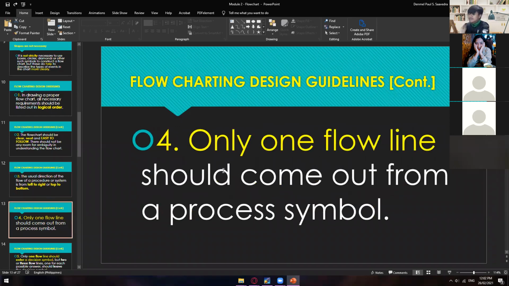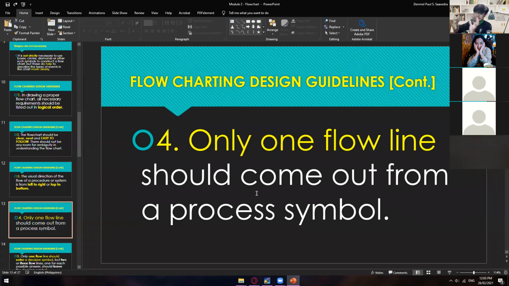And here are some limitations. Only one flow line should come out from a process symbol. So you don't want to have two lines or three lines coming out from your process, especially if it's not necessary. You can have two lines as long as it's understandable, like if it's an if case, like in programming we have if, and then else, and then else if.